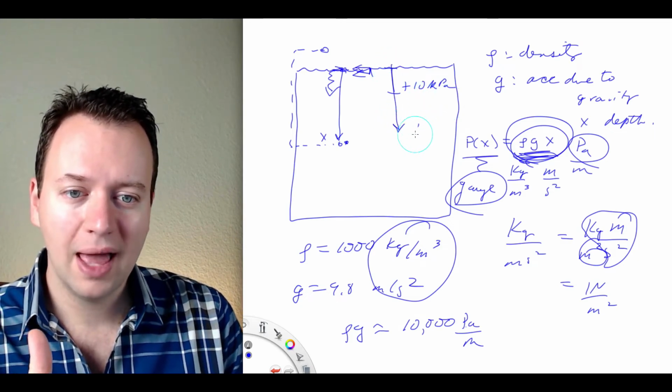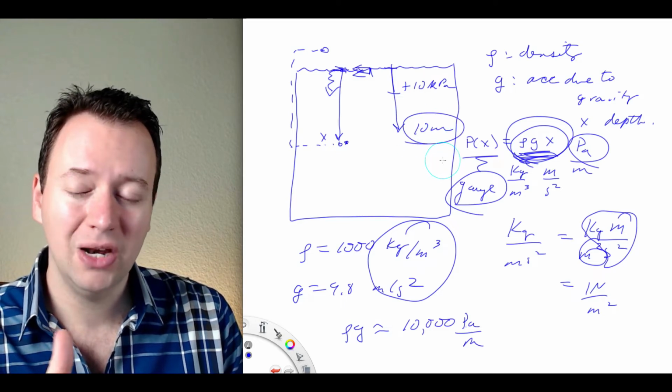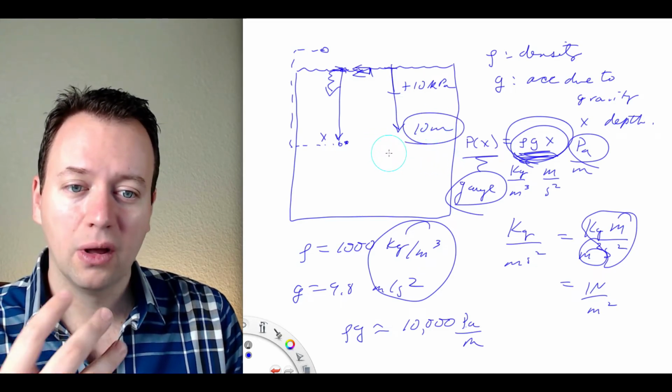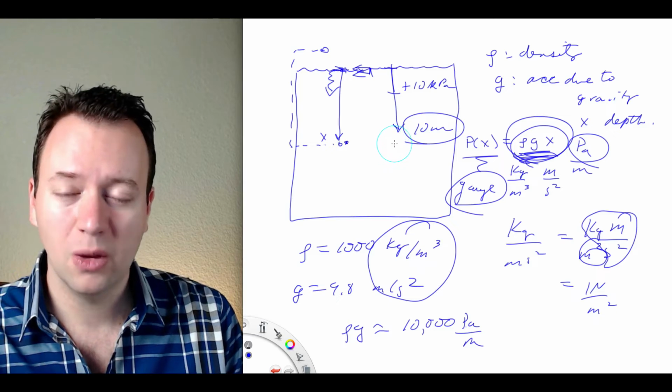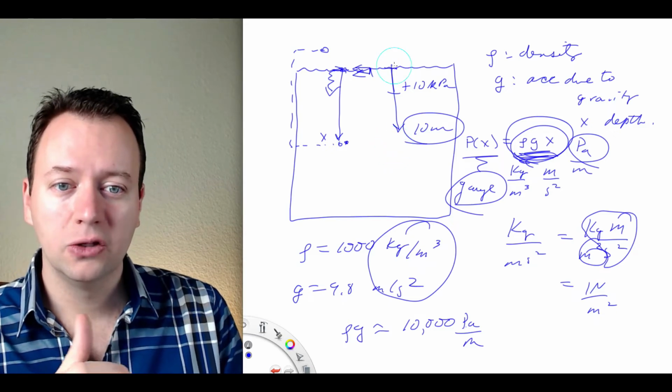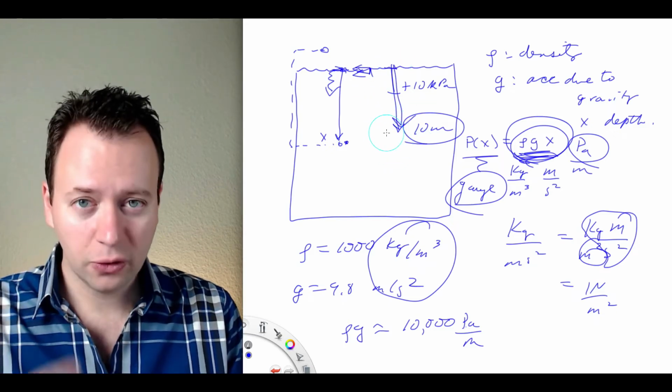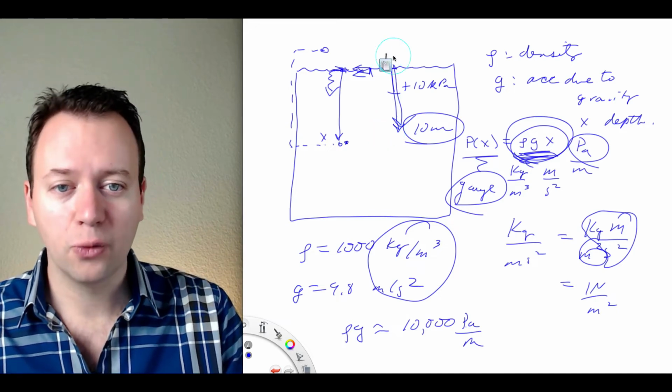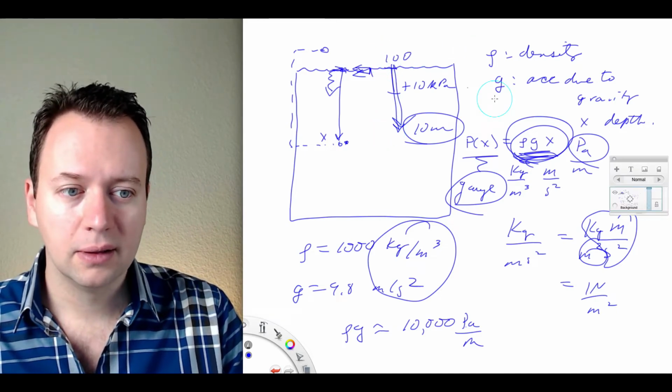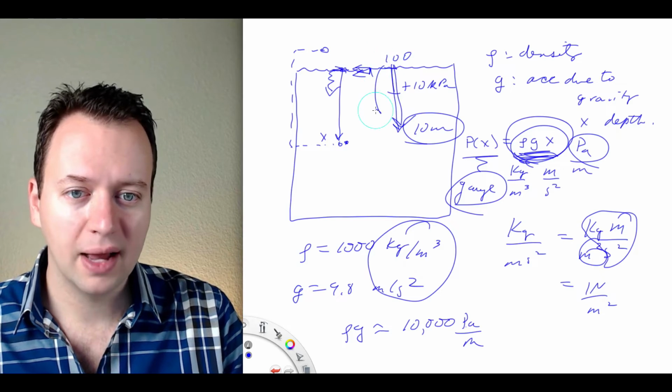So at a depth of 10 meters, you have a pressure of approximately 100 kilopascals. So you're starting off with 100 kilopascals, and then we're increasing pressure by an additional 100.